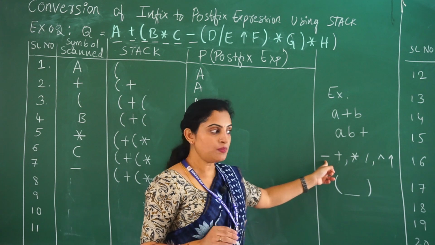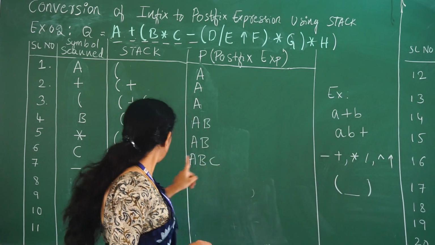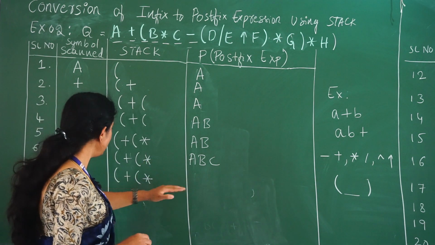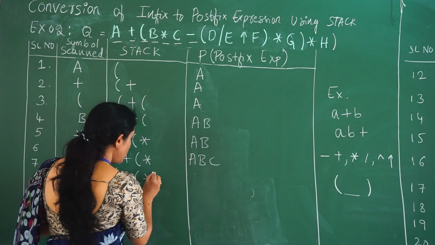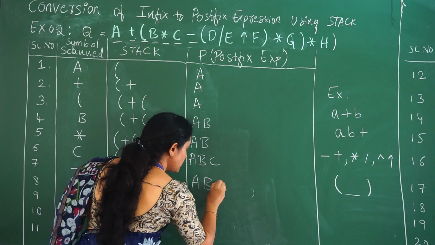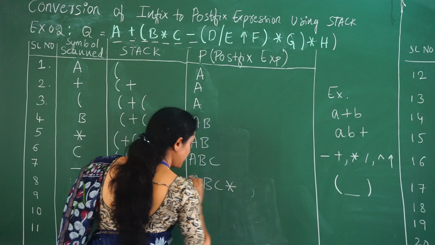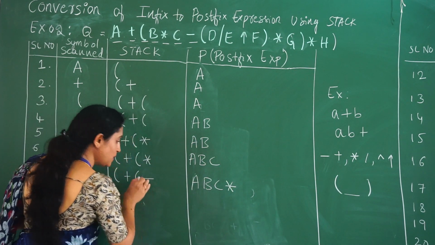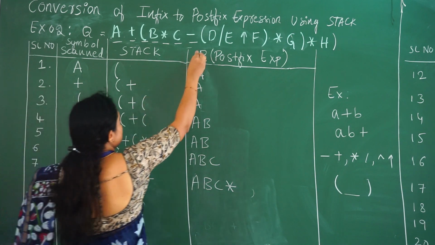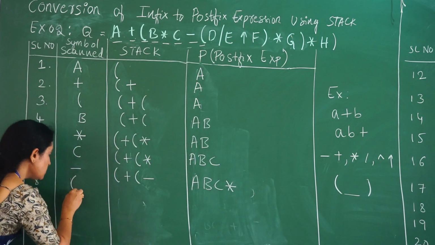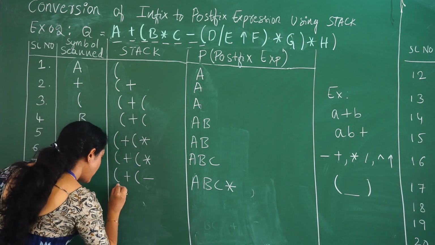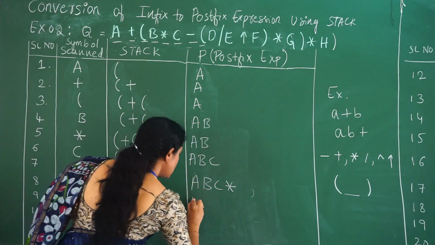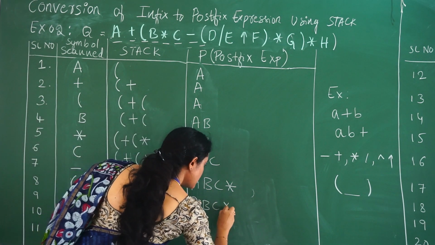We are not supposed to keep a lower precedence operator in front of a higher precedence one. So we pop this and place it in the postfix expression, and now we can push the minus into the stack. The next scanned symbol is left parenthesis. Left parenthesis is encountered, so we push it inside the stack. The postfix expression remains the same.